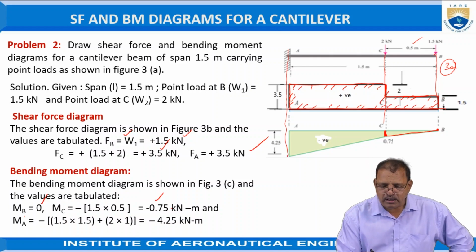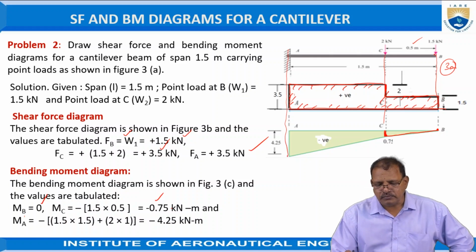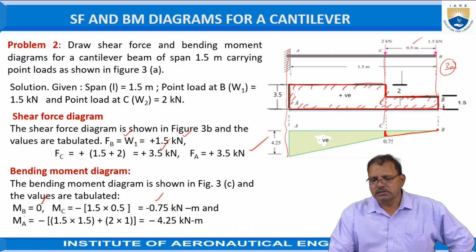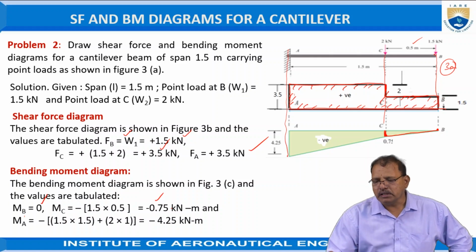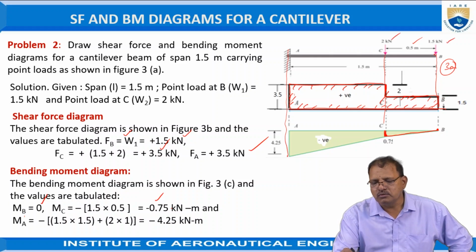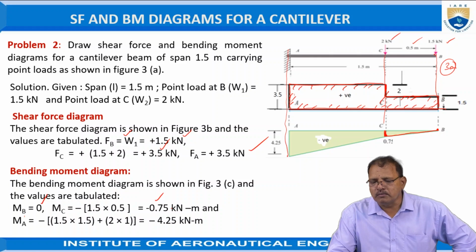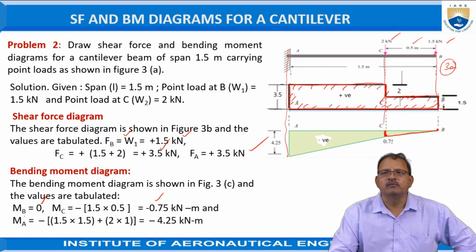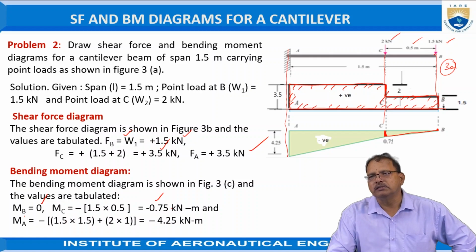Similarly, at A, we have to consider the bending moment created by the 1.5 kilonewtons as well as the 2 kilonewtons. Both tend to bend the beam into an inverted U shape, that is convexity at the top. Hence these two bending moments are treated as negative only.